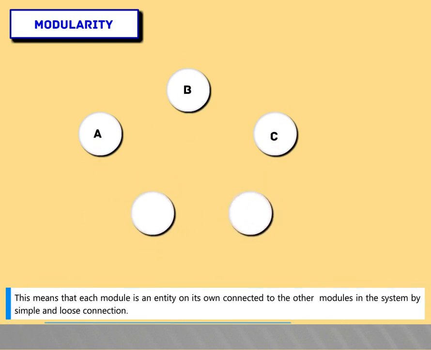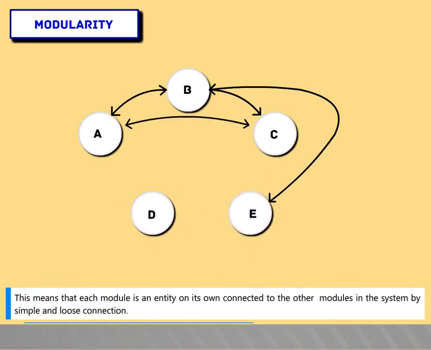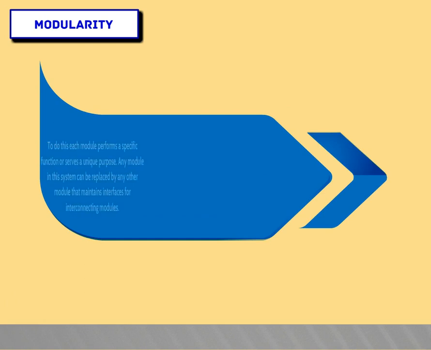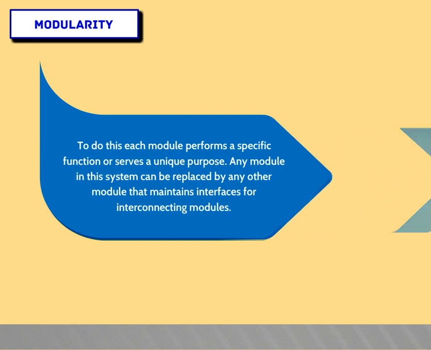This means that each module is an entity on its own, connected to the other modules in the system by simple and loose connection. To do this, each module performs a specific function or serves a unique purpose. Any module in this system can be replaced by any other module that maintains interfaces for interconnecting modules.